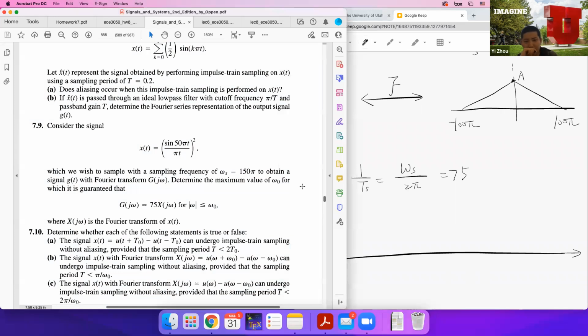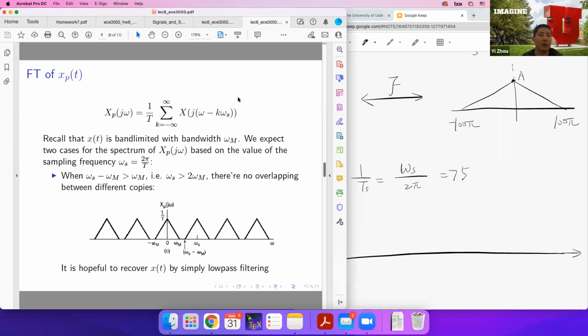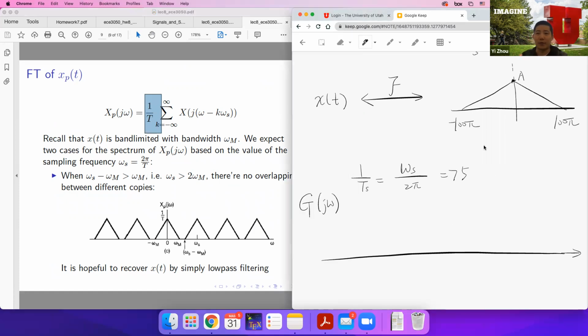So 1 over Ts is 75, which means when we plot these copies, all of them will be scaled by 75. So we follow the same procedure. The first copy is the original spectrum, but now scaled by 75, between negative 100 pi and 100 pi.